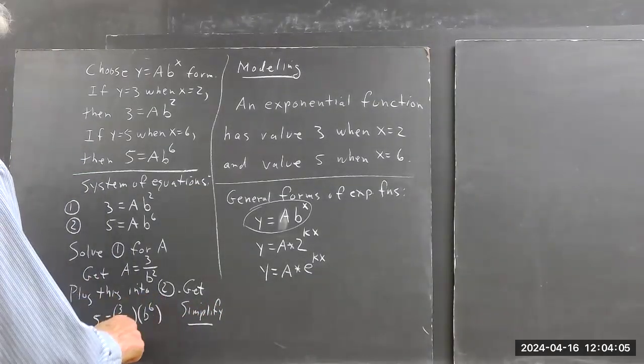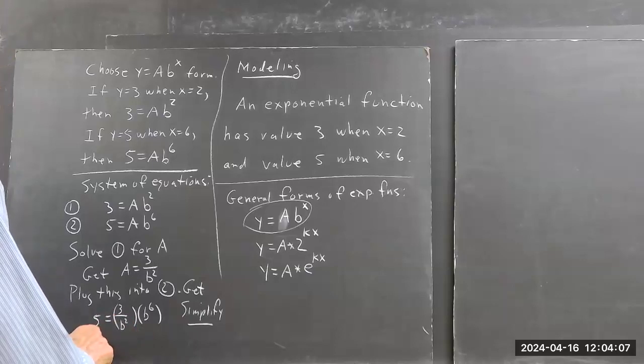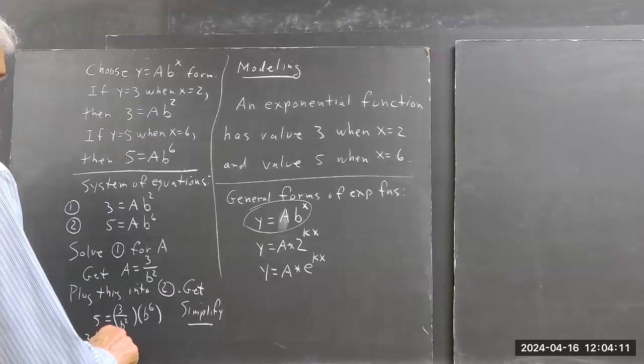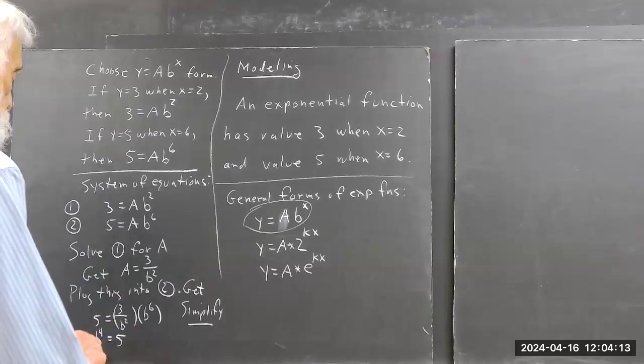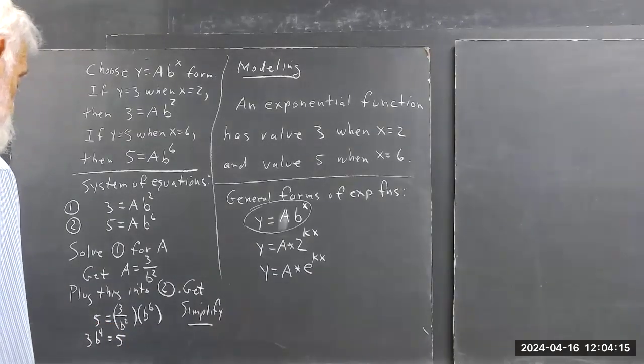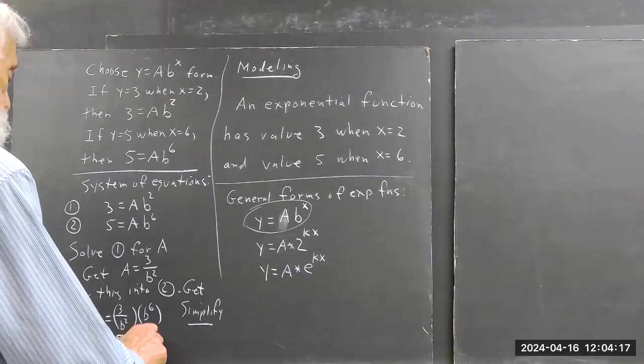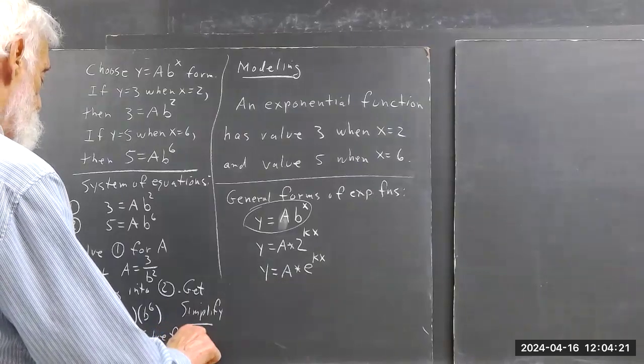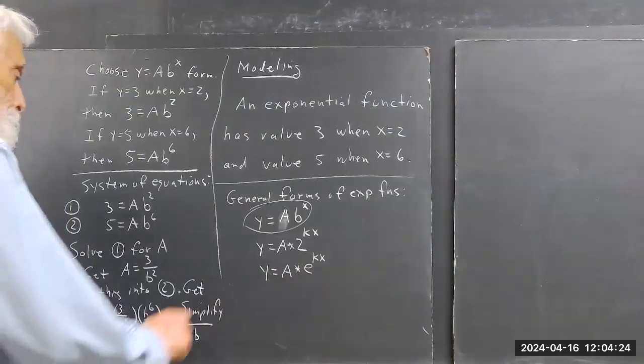Well, b to the 6th divided by b squared is b to the 4th. So we get 3b to the 4th equals 5. And we solve for b.